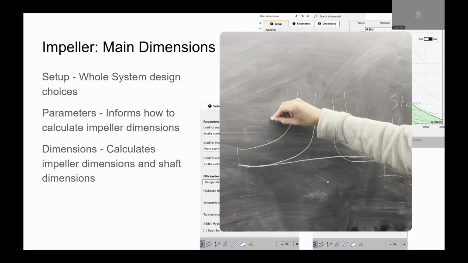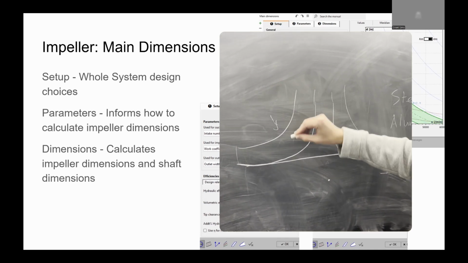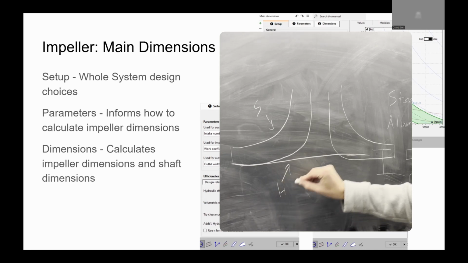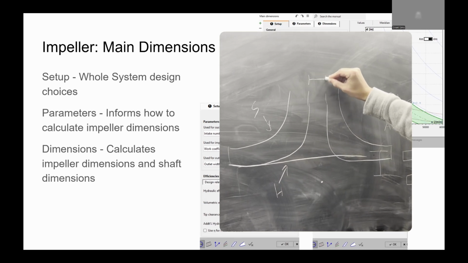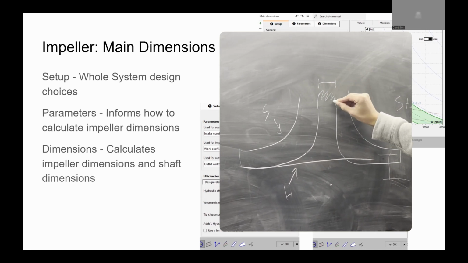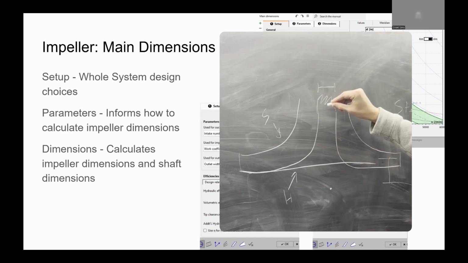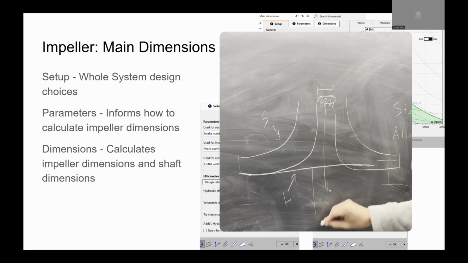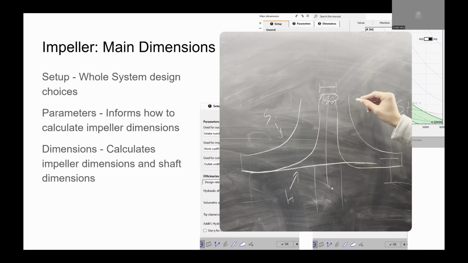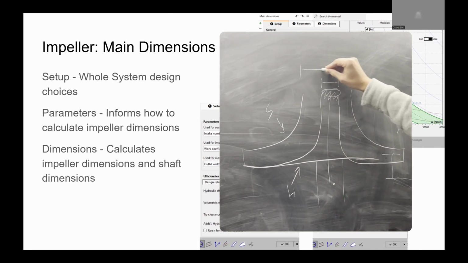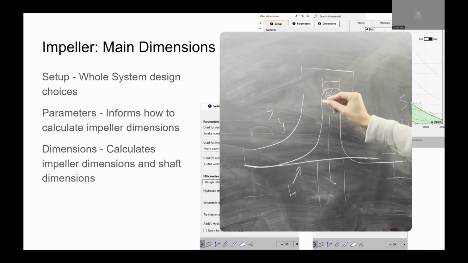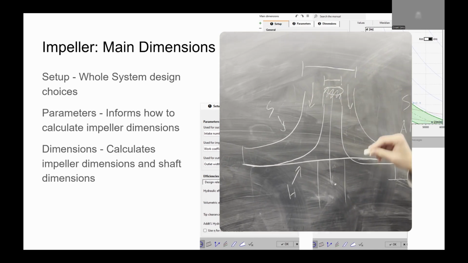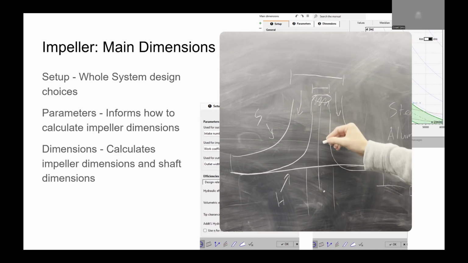So this is your shroud, S. This is your hub, H. Your hub diameter is here. Fluid doesn't come in here. This is where maybe you put a bolt or something, and then you attach your shaft to it. Shroud diameter is here, and then your fluid comes in around the hub here.